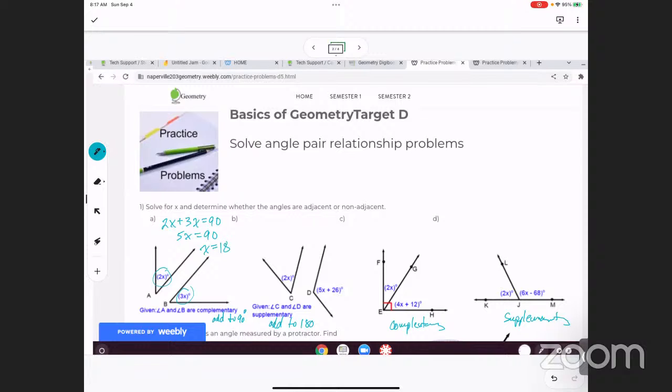Got it? Yeah. So for part B, what would I do to set up the equation? You do 2x plus 5x plus 26, and then equals 180.